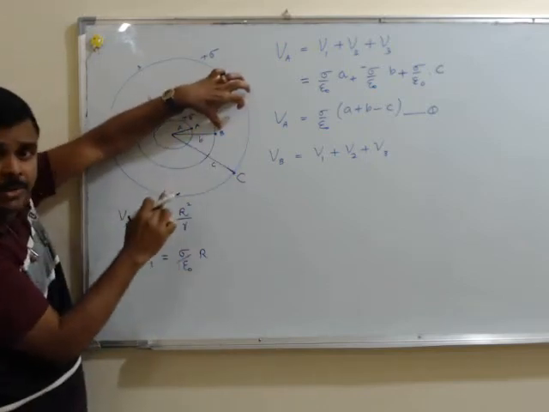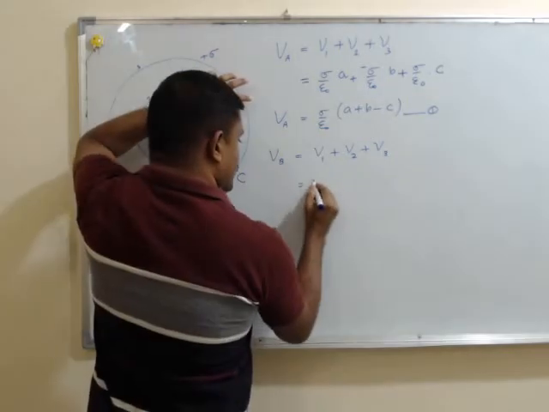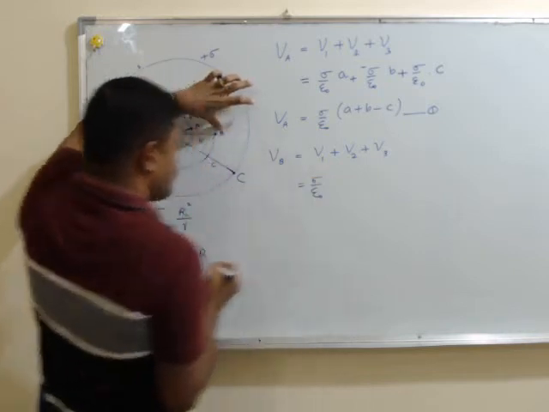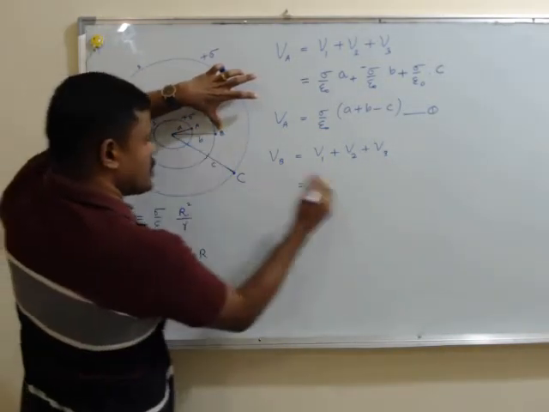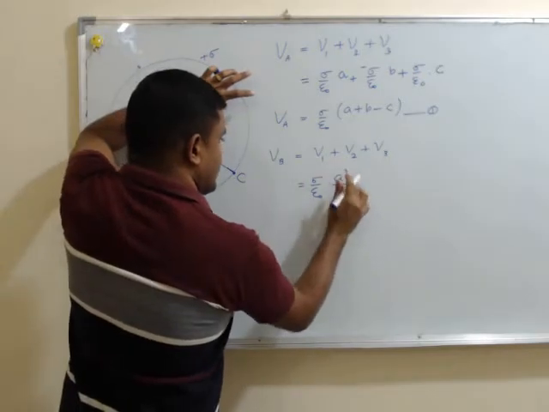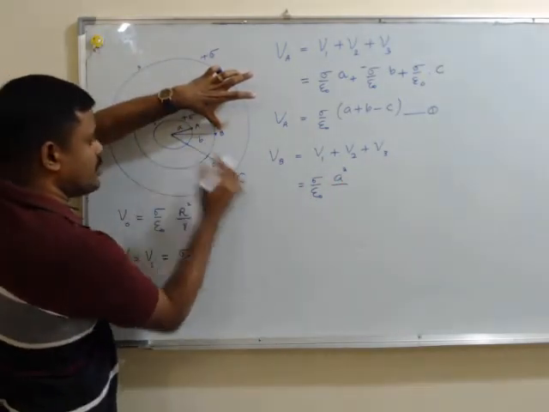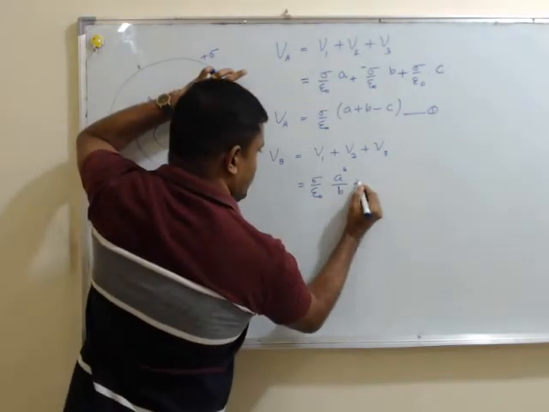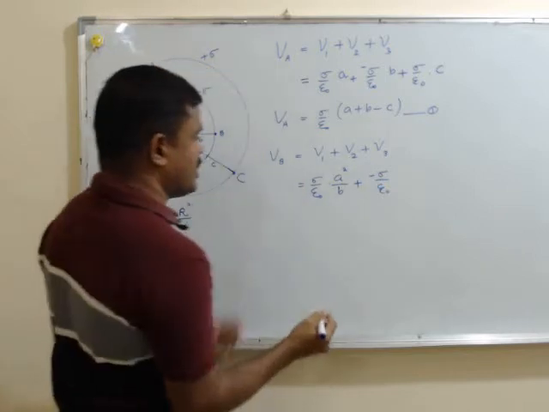It is an outside point, right? For an outside point, what is the equation? Sigma by epsilon 0 into radius square by distance. The radius for the innermost sphere is a, so a square, and the distance to that point is b. So it is b. Plus. Second one, sigma is minus sigma, right?